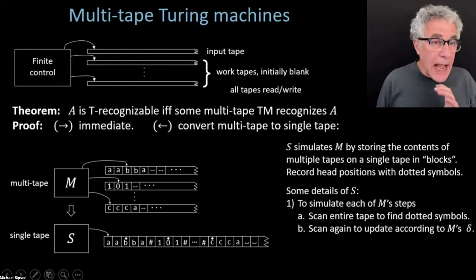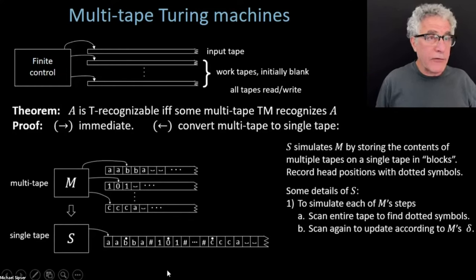There's one complication that can occur, however, which is: what happens if on one of the tapes M starts writing more content than you have room for in that block to store that information? Suppose M has 1, 0, 1, and after a few steps moves its head into the originally blank portion of the tape and writes another symbol there. We have to put that symbol somewhere because we have to record all that information, and the block is full. So what do we do?